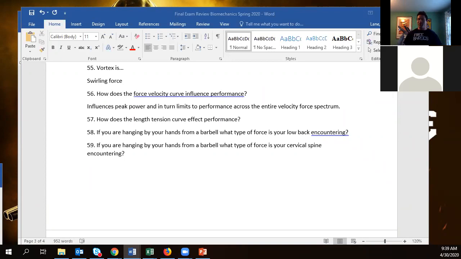Bingo. Okay. So you'd have tension in what part of your back? Your low back. Good. Now, what about in your cervical spine? Would that also be tension? Think about it. Would that be the compressive force?